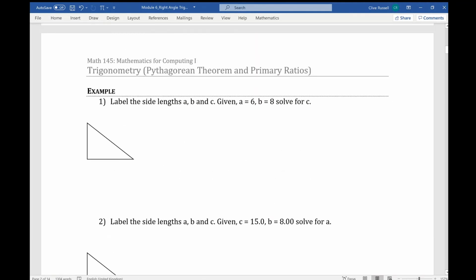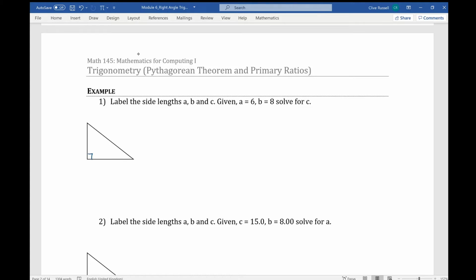Now, this one says, label the lengths ABC. Given A equals 6, B equals 8, solve for C. So again, it's not given here, but this is really a right angle there.